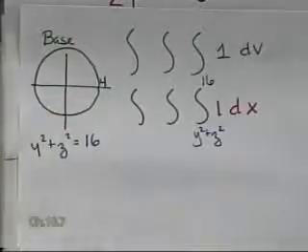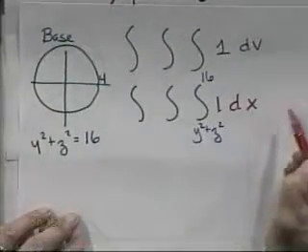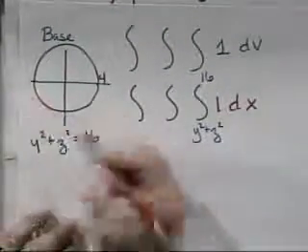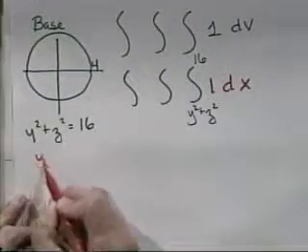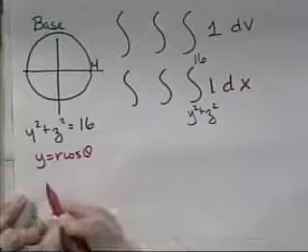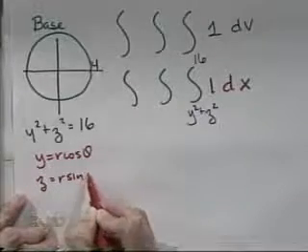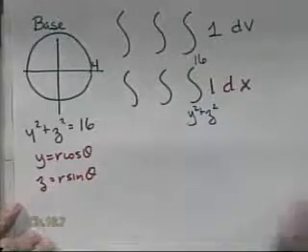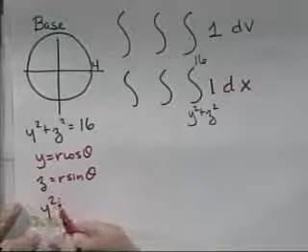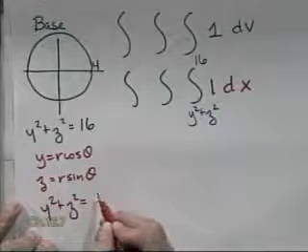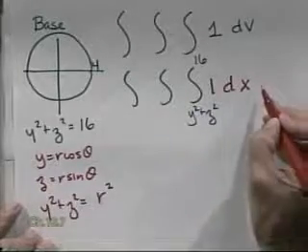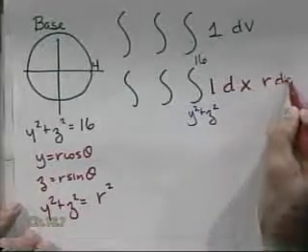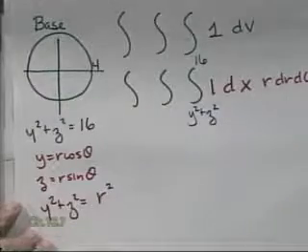Okay, now you guys told me let's use polars. Instead of going dy dz for this, let's use polars. If we use polars, I'm going to let y be r cosine theta, z be r sine theta, and it used to be x squared plus y squared, so what? This is going to be y squared plus z squared is going to be r squared. So instead of putting in dy dz, we're going to go r dr d theta, right?